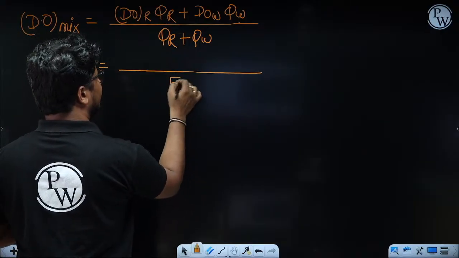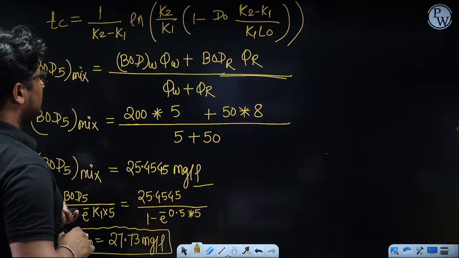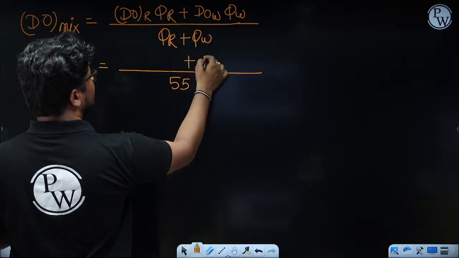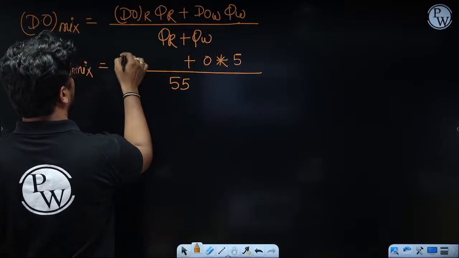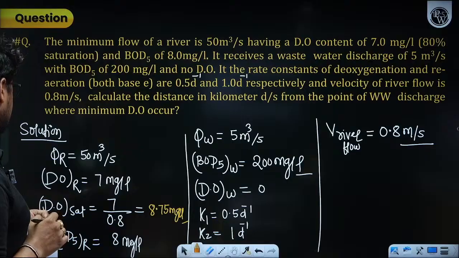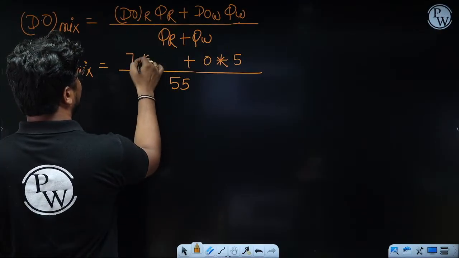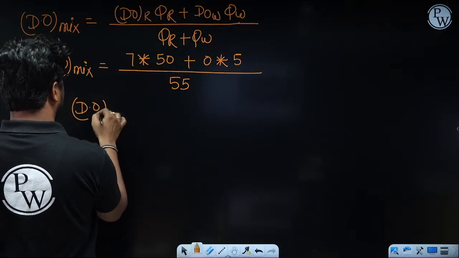This will be divided by 55, that is 5 plus 50. DO for the wastewater is given as 0 and the discharge is 5. River water DO is given as 7. So 7 into 50. How much DO mix are you getting?